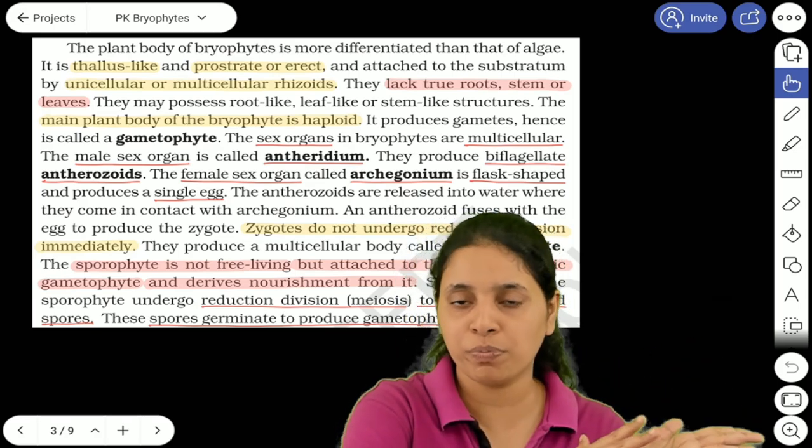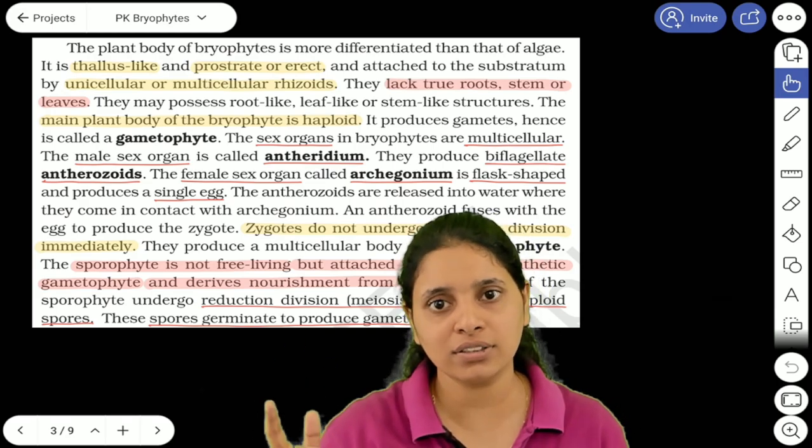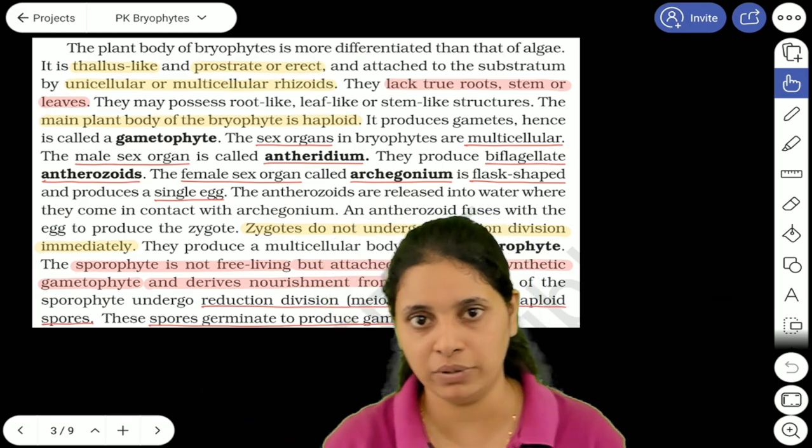Any substratum उस पे अगर एकदम flattened growth है तो prostrate है, और erect भी हो सकता है like in some of the leafy members.